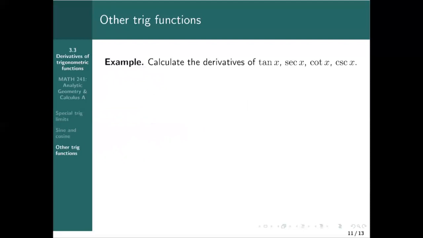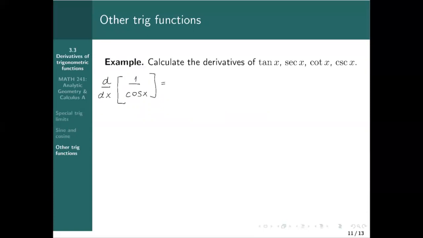Next, we are going to evaluate the derivative of secant of x. I'm going to write secant of x as 1 over cosine of x, and I'm going to apply the quotient rule.